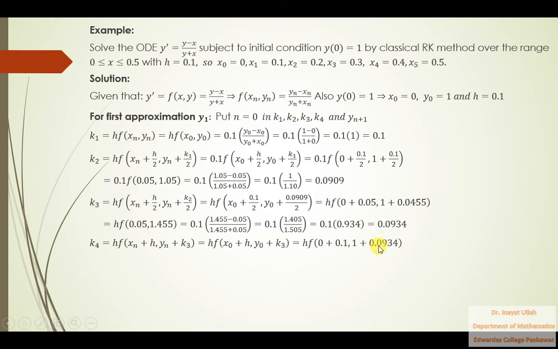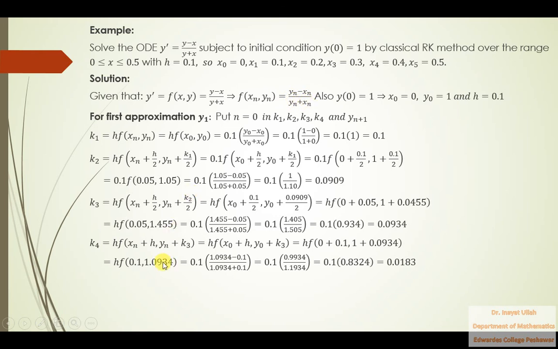So that is 0.0934, and the next step, that is h into function of 0 plus 0.1 is 0.1, 1 plus 0.0934 is 1.0934. So putting these values in the function, and the function is this one, second minus first divided by second plus first.